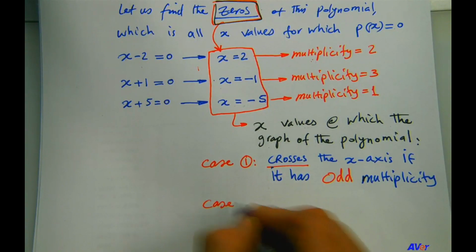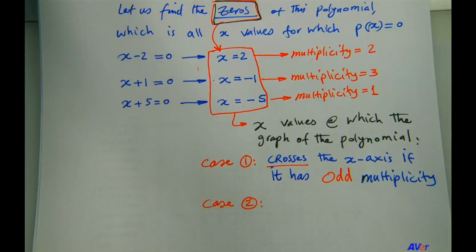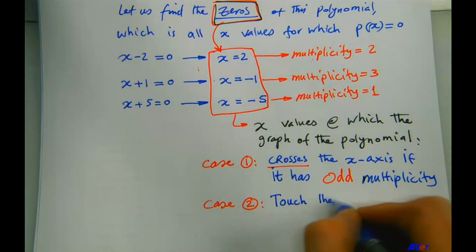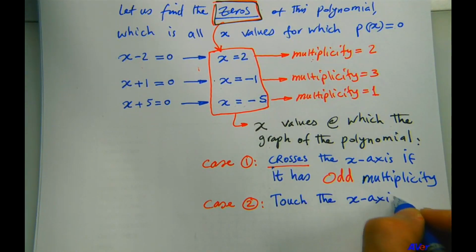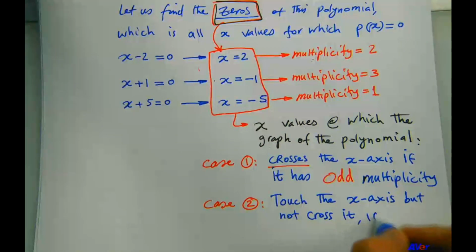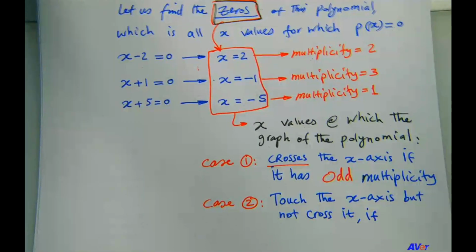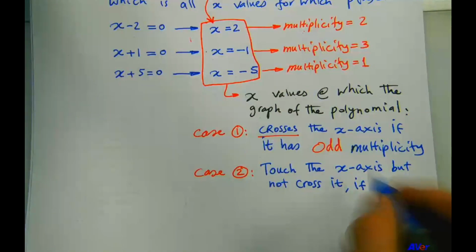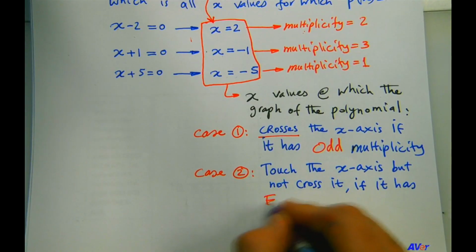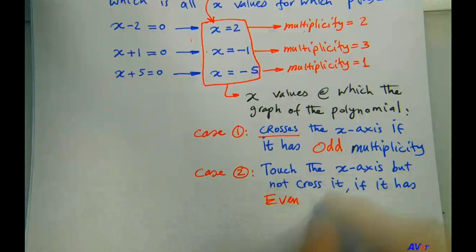Case 2, the graph of the polynomial touches the x-axis but does not cross it, if the zero has even multiplicity.